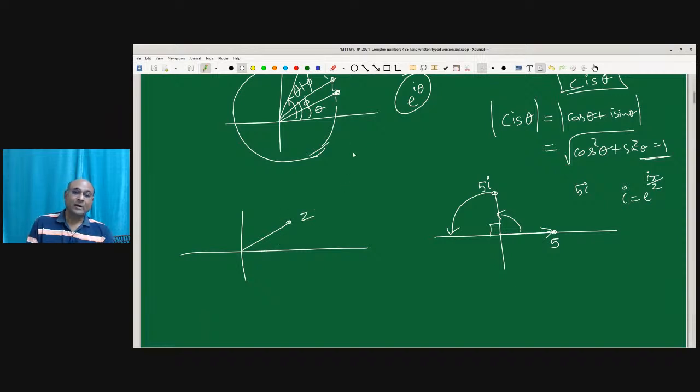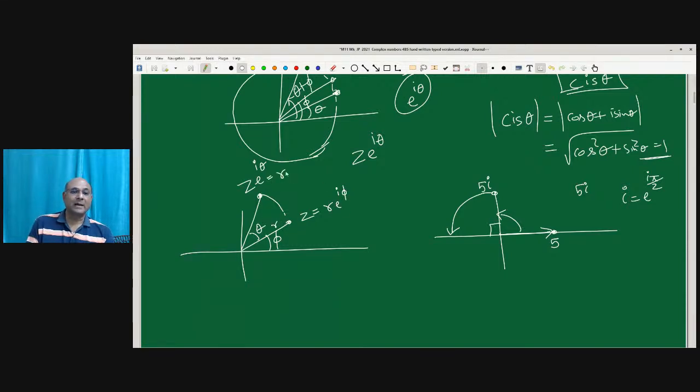If I now look at z e power i theta, it is going to be this fellow turned by angle theta. This point is z e power i theta. This angle is theta. This angle, I don't know what it was. Let's say phi. So if z was r e power i phi, you are multiplying r e power i phi by e power i theta.